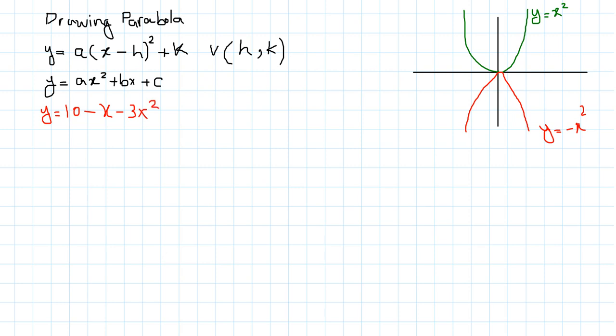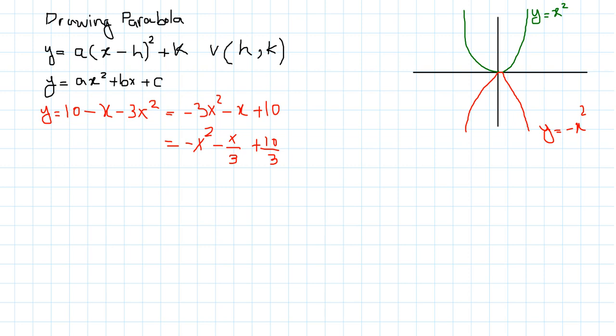At first you should write it or rearrange it better. X squared is first, minus x plus 10. As I told you, you should get rid of the factor of x squared. So it is divided by 3. It is minus x squared minus x over 3 plus 10 over 3.